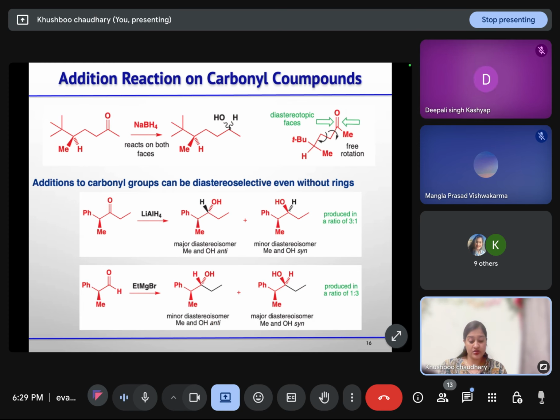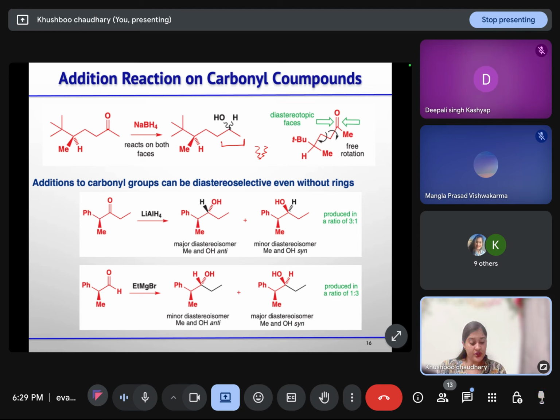Now, sodium borohydride will attack on the carbonyl center. In this case, you are getting a mixture. These curly arrows we use when we don't know the fixed stereochemistry, whether OH is above or H is below.